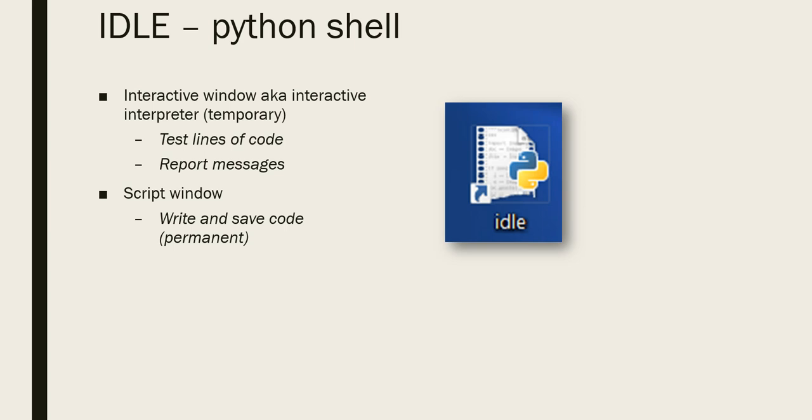You write a line of code, something happens, another line of code, but when you close your interpreter, everything is lost. And then you have another window, which is a script window. This is where you really write your script. If you save that script, you can then reopen it again, and it's going to have this code saved. So that's permanent.